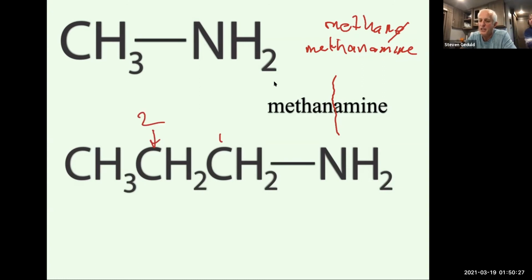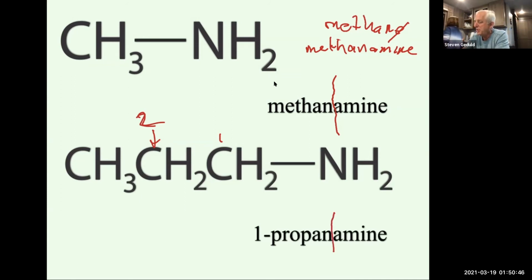You can't just look at it and say, that's propane, drop the E and add amine. Everybody see the difference? This is 1-propanamine. It tells you it's an amine group, it tells you there are 3 carbons, and it tells you the amine is attached to the number 1 carbon.